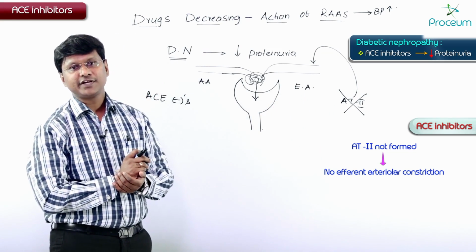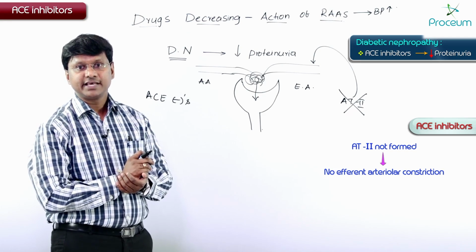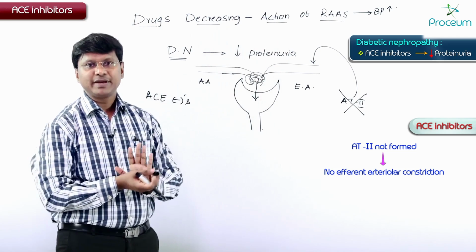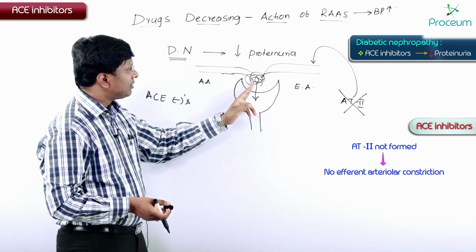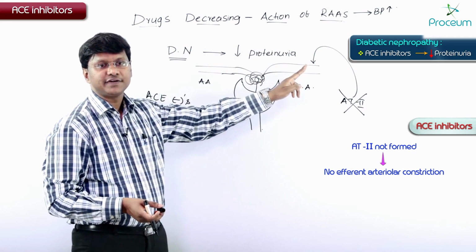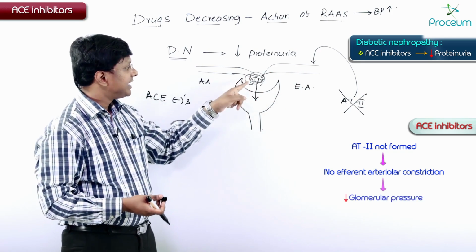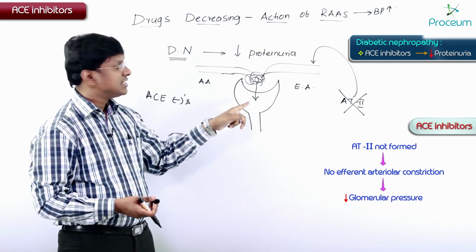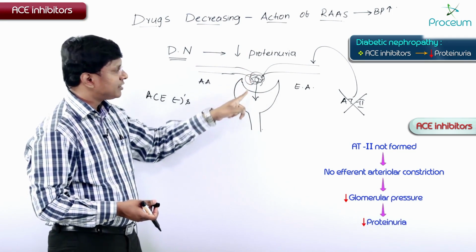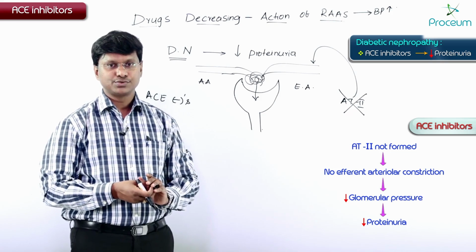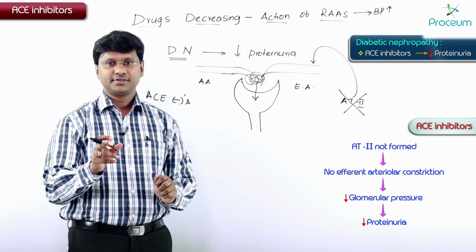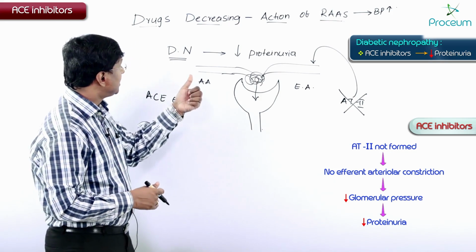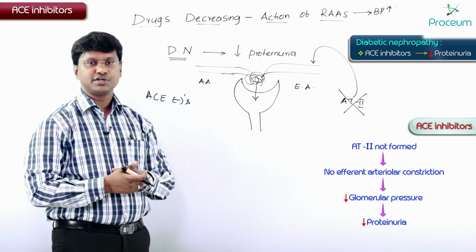So when there is no efferent arteriolar constriction, there will be efferent arteriolar dilatation. Thereby the fluid from the glomerulus can easily enter into the efferent arteriole, and the intraglomerular pressure reduces. Once the intraglomerular pressure reduces, the proteinuria from the glomerulus to the Bowman's capsule will be reduced. So this is the mechanism by which ACE inhibitors reduce proteinuria in diabetic patients.